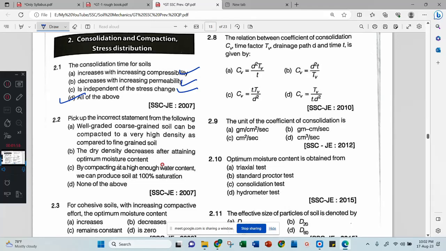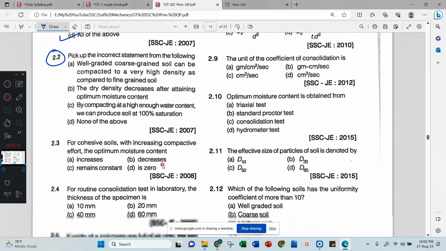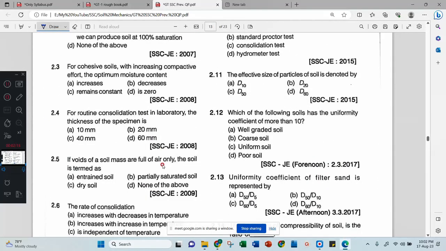Next, pick up the incorrect statement. This is compaction; we'll discuss it later. Next: for a routine consolidation test in the laboratory, the thickness of the specimen is 20 mm.